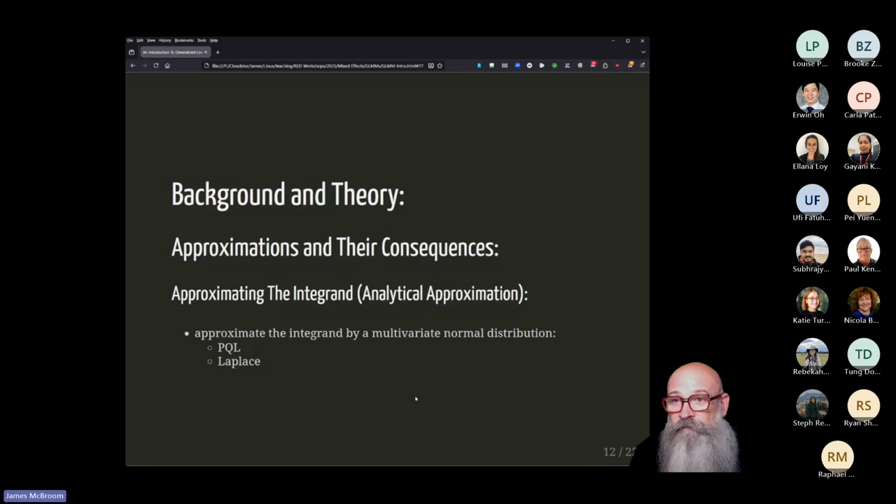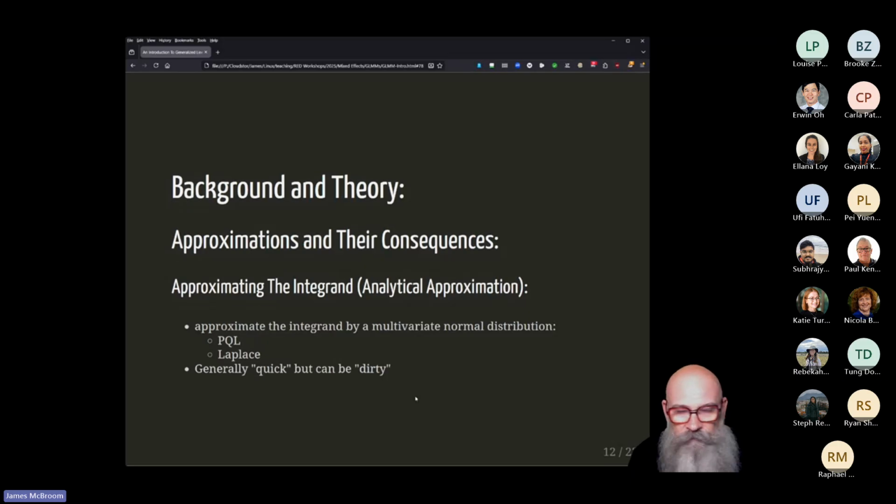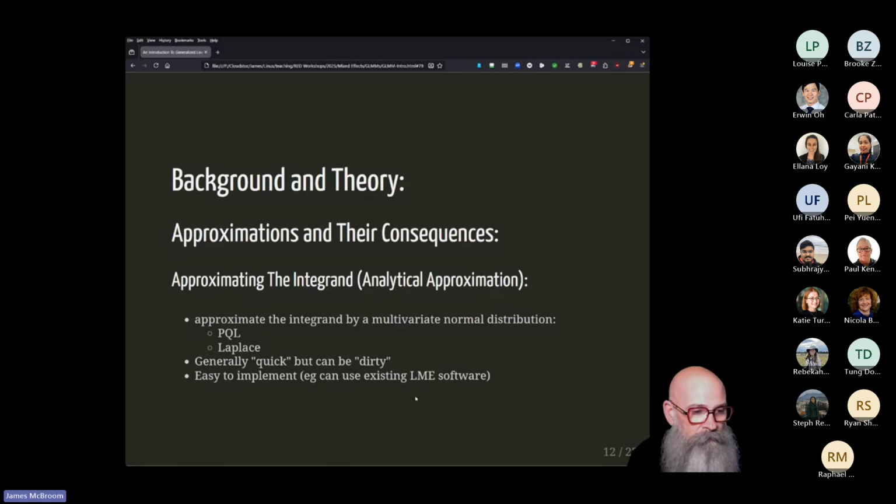So it's also the simplest sort of numerical approach to numerically approximating the integral. But these analytical approximations, fiddling around with the integrand, are generally quick, but can be dirty, can be quite rough and ready, especially PQL. They're quite easy to implement.